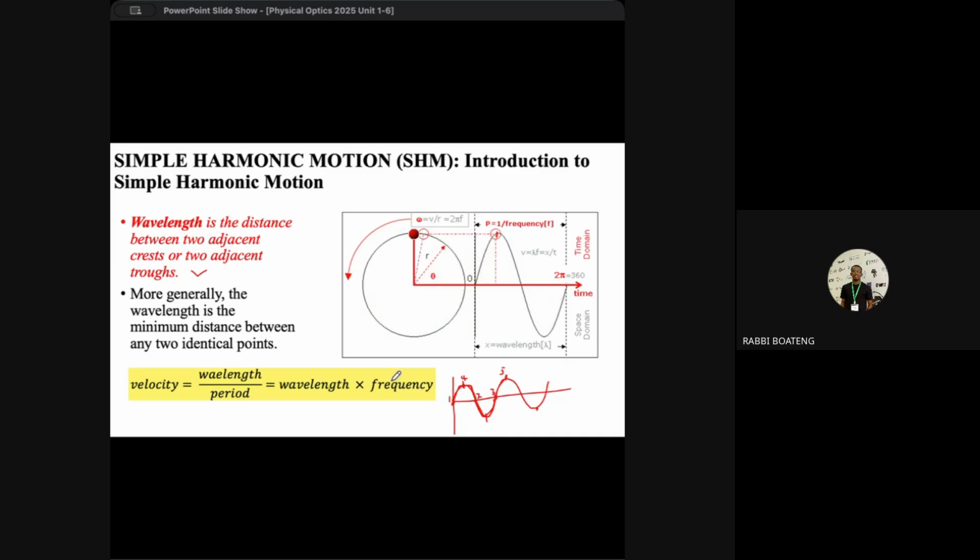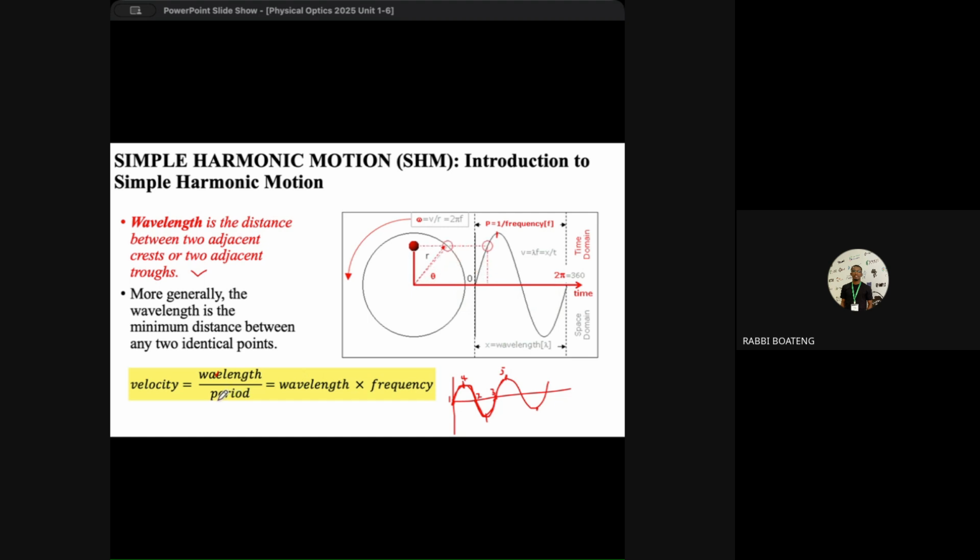Now, we can actually relate wavelength, we can relate the period, and even relate the velocity of it. Sorry about the spelling here. If I want to relate velocity, wavelength, and period, the formula is quite straightforward. Velocity equals wavelength divided by period. And you know period is related to frequency in an inverse manner.